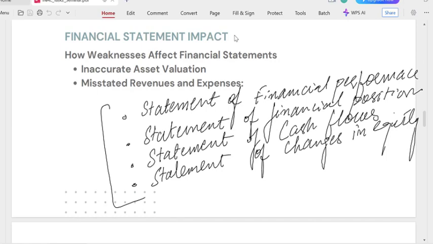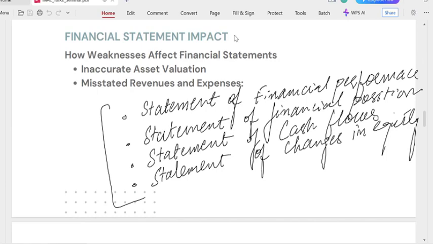Okay, that's why we have so many standards. We have IFRS, we have IAS, right? So we are trying to follow all of these standards so that financial statements are representing a true and fair view.